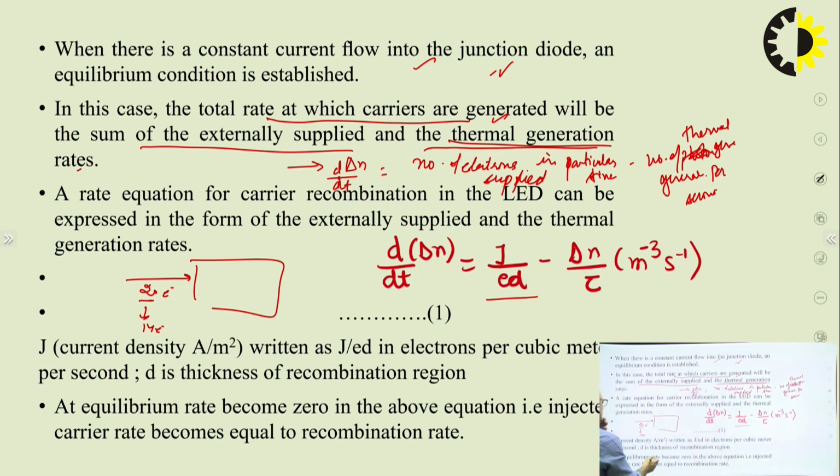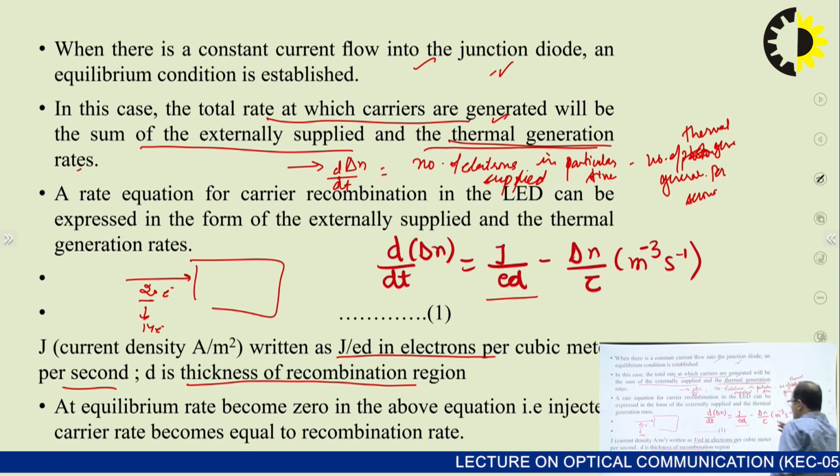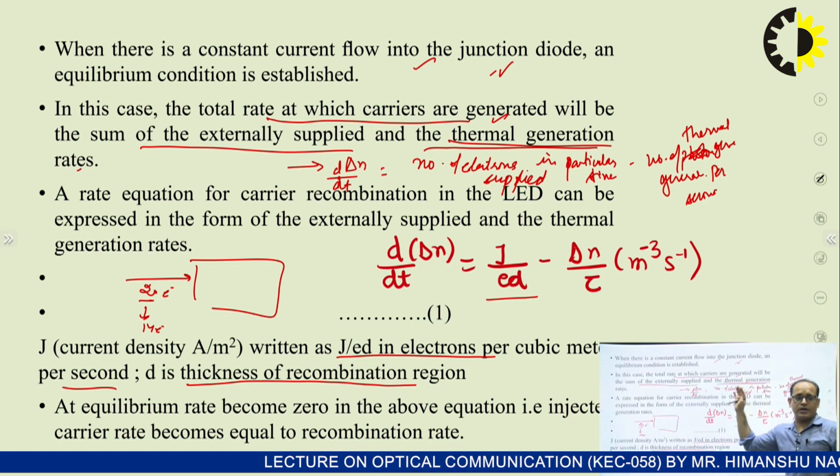Clear? So this J by ed is the electrons injected per cubic meter per second, and d is the thickness of the recombination region. And this delta n by tau is the thermal generation rate, meaning the electrons which get depleted due to the heating effect.